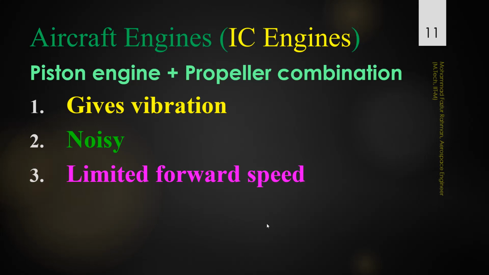When tip stall comes, the whole performance of the propeller comes down, its aerodynamic efficiency comes down and drag increases. So we try to avoid that. This limitation of the propeller restricts the piston engine propeller combination to low performance, low speed vehicles. This was a big drawback.